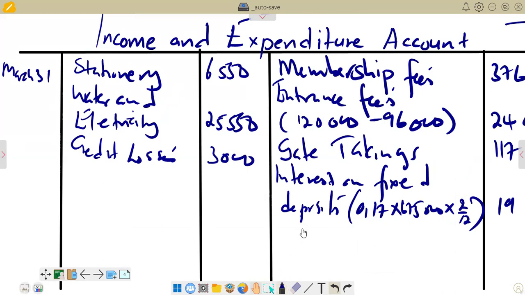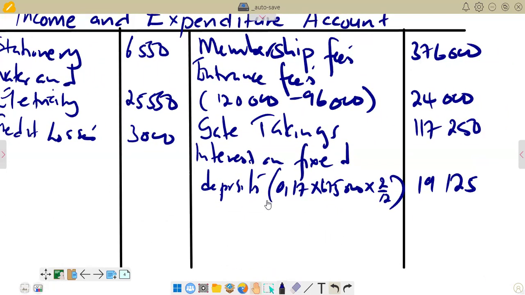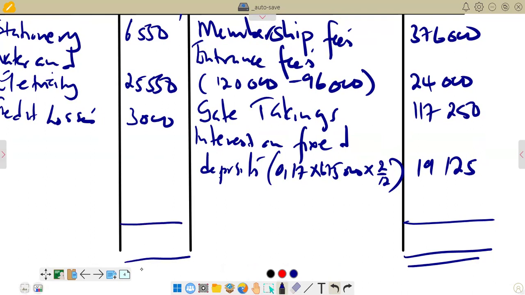So what we are supposed to do now is to balance the account. How can we balance the account? Get the total of the credit and debit and see which one is greater. If you add there, we'll see that the credit side has a greater total. It's 536,375.